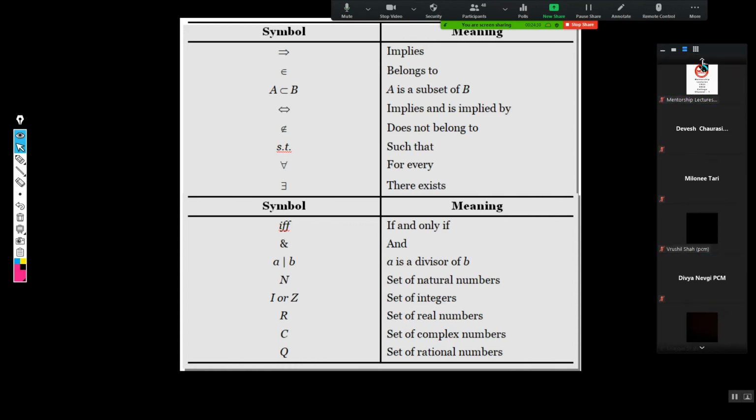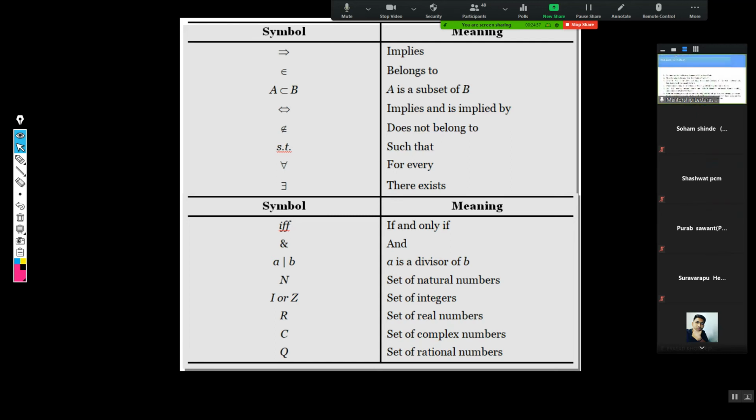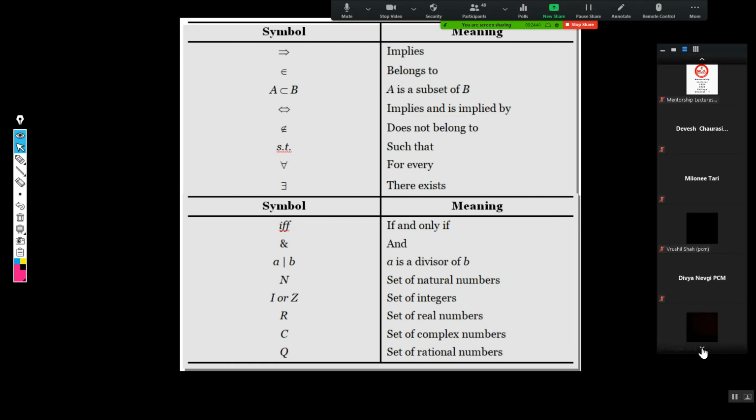Prasad, do you hear me? Is Prasad there? Aswika? Yes, sir.